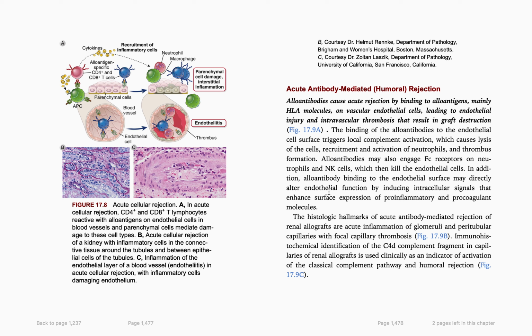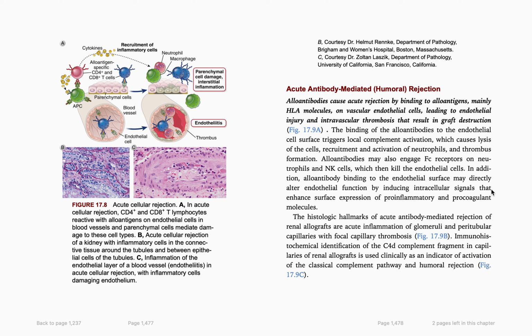Alloantibody may also engage Fc receptors on neutrophils and natural killer cells, which then kill the endothelial cells. In addition, alloantibody binding to the endothelial surface may directly alter endothelial function by inducing intracellular signals that enhance surface expression of pro-inflammatory and pro-coagulant molecules.